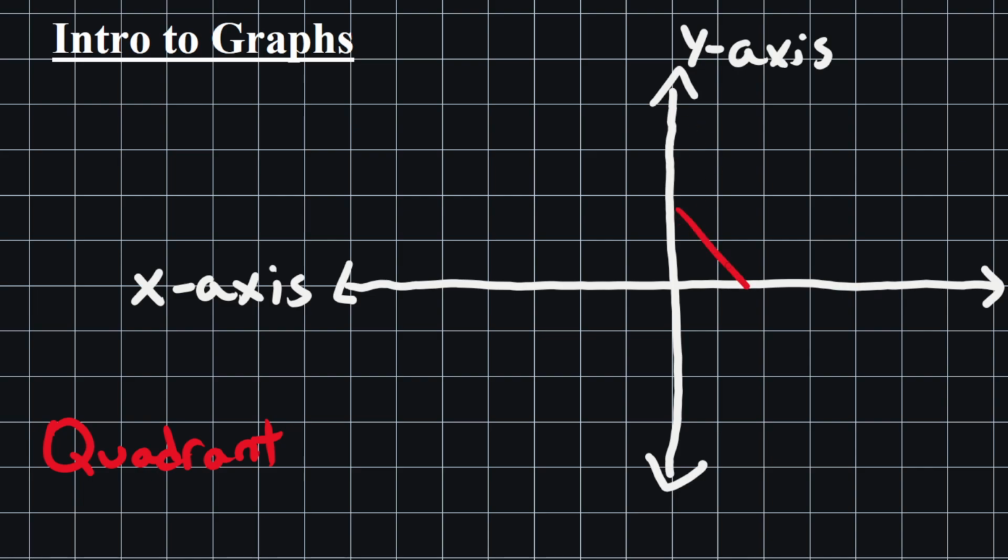The quadrant over here is quadrant 1. The quadrant over here is quadrant 2. This is quadrant 3. And this is quadrant 4, right here.